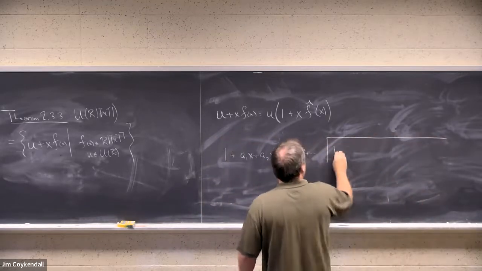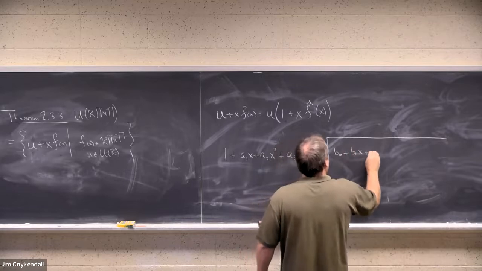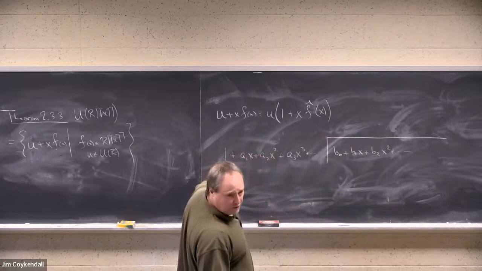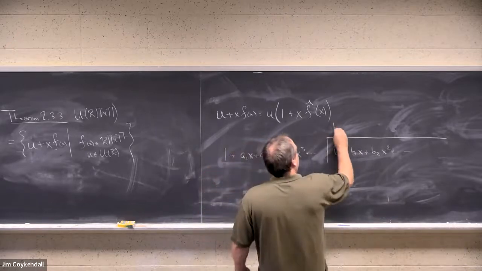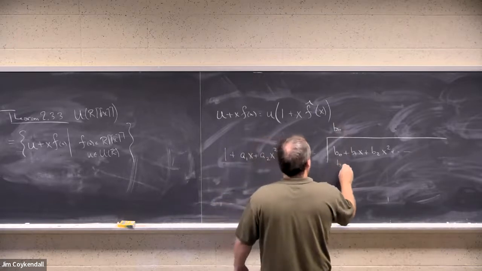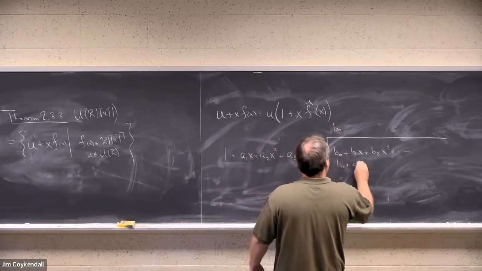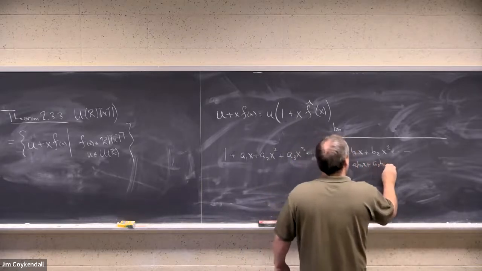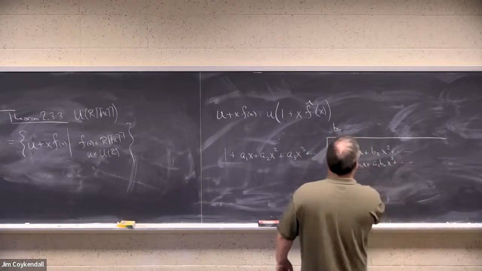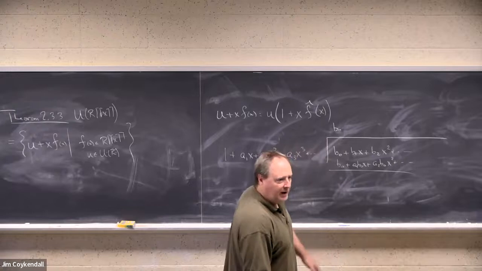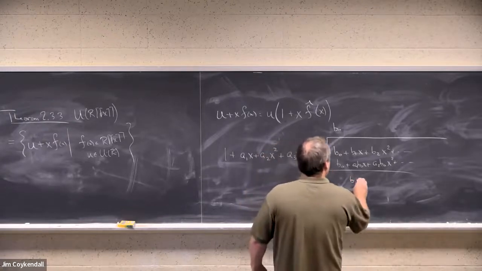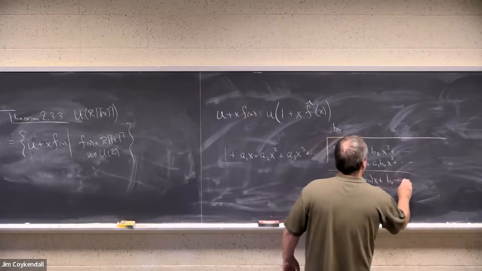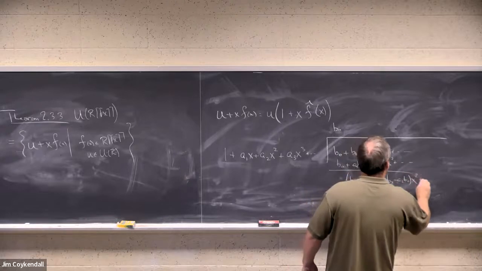If you want to divide this into anything, you'll see quickly that this unit is what makes this machine go. You get B0 plus A1 B0 X plus A2 B0 X squared plus so on, and just like in high school long division, you subtract: B1 minus A1 B0 X plus B2 minus A2 B0 X squared and so forth.